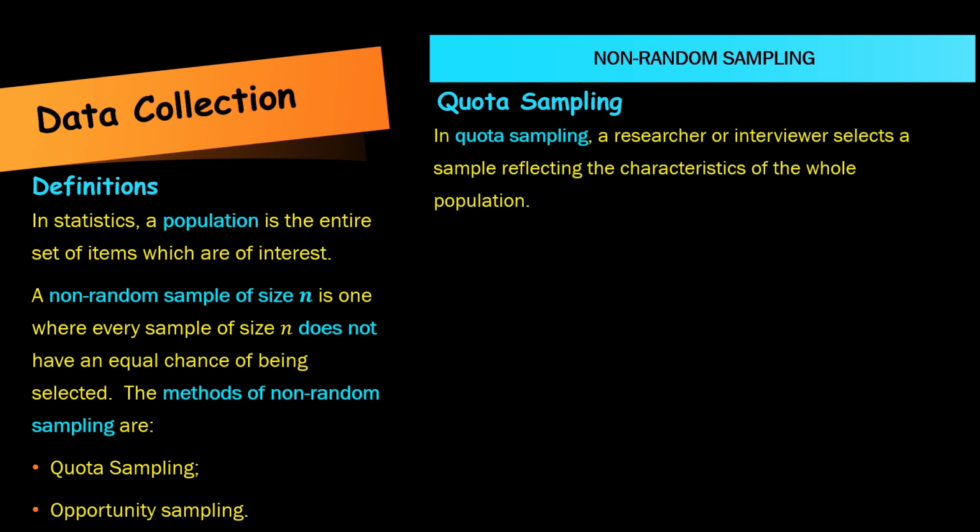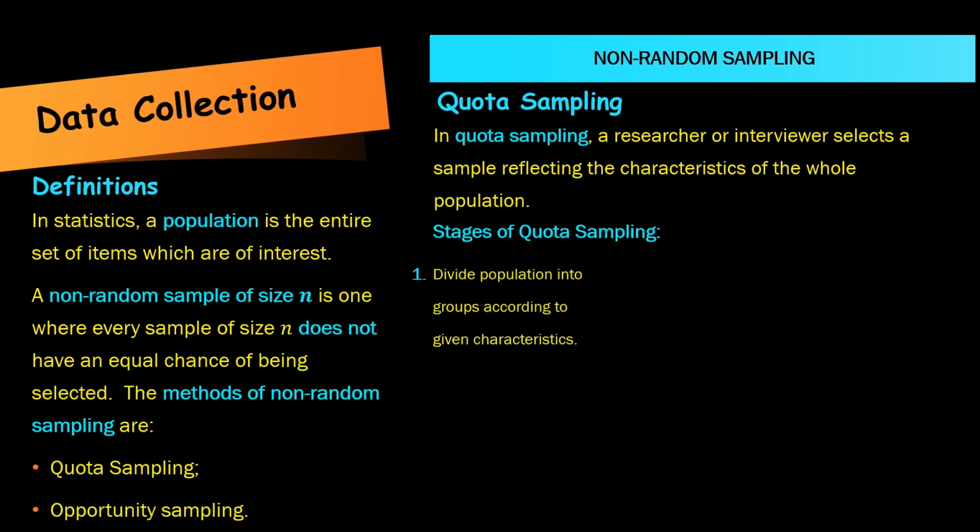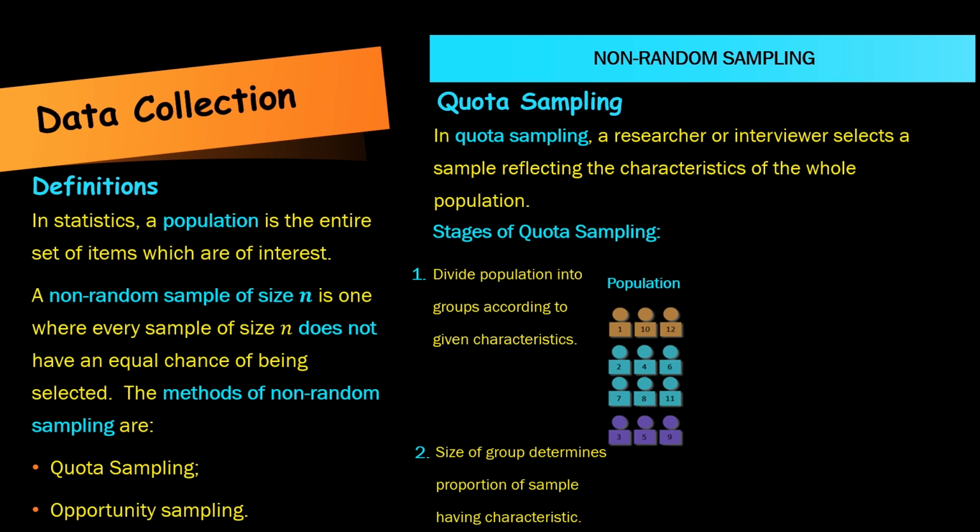In quota sampling, a researcher or interviewer selects a sample reflecting the characteristics of the whole population. So here are its stages. First, divide the population into groups according to given characteristics. The size of the group will determine the proportion of the sample having the characteristic.